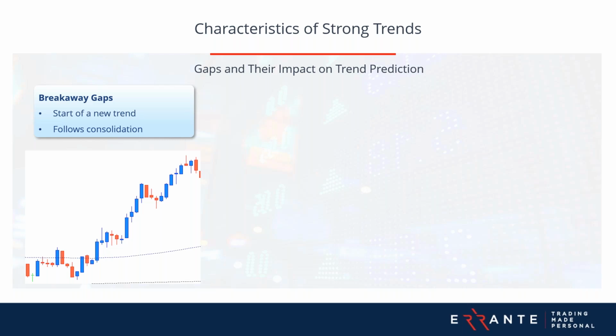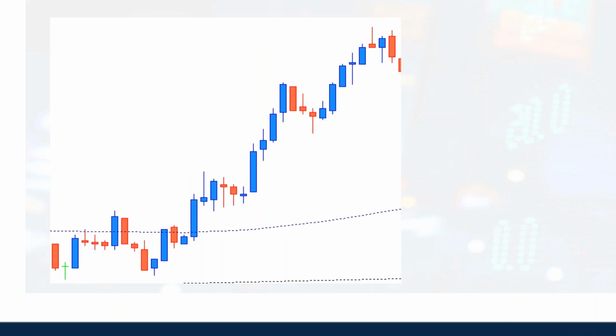As you see here on my slide, if I zoom in a bit, for example, at the beginning of a new trend, you can see the new session just started with a gap to the upside by this small blue candle. And afterward, we see accelerating upward momentum in the market.